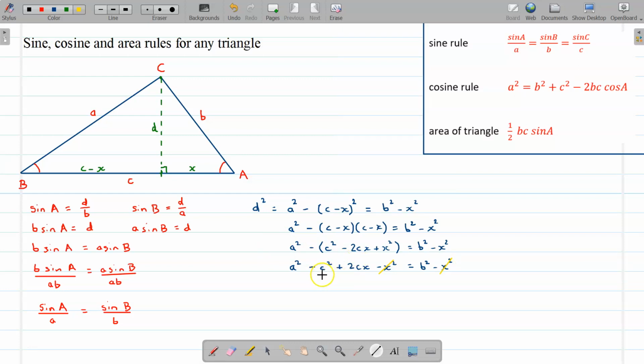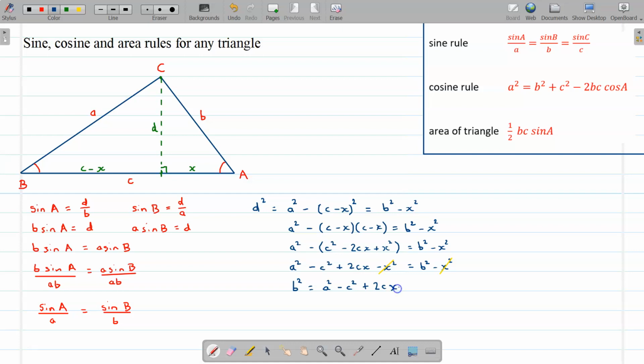So I've got an equation now that says, I'll put the b squared on the left and this on the right: b squared equals a squared minus c squared plus 2cx.